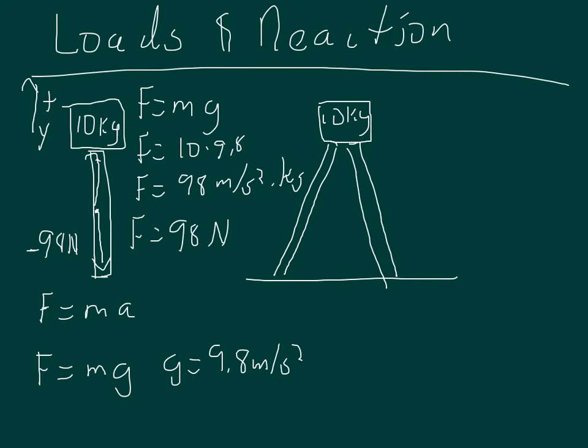So 98 newtons going down to the Earth. So in the up direction, the normal force exerts 98 newtons equally and opposite on that mass.